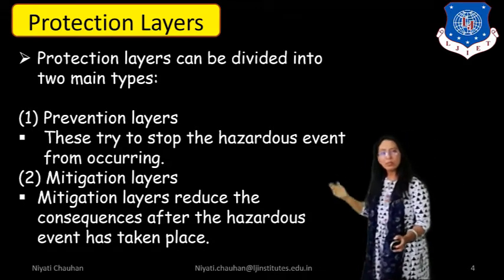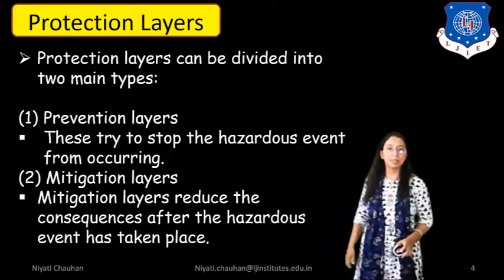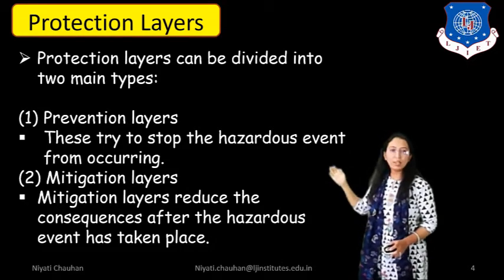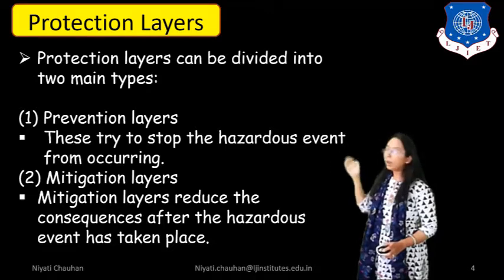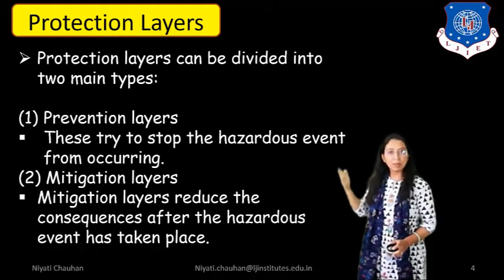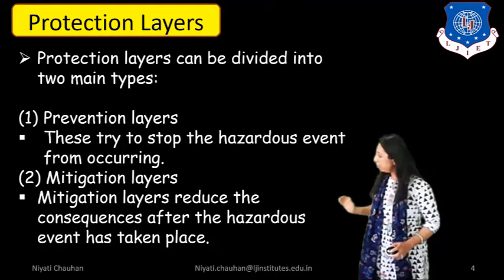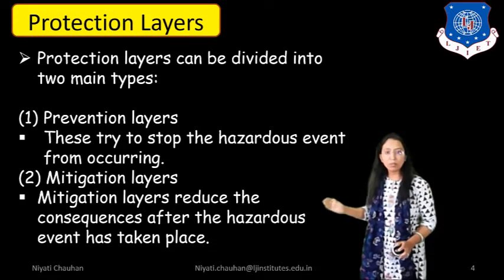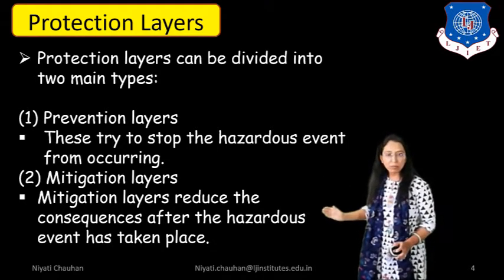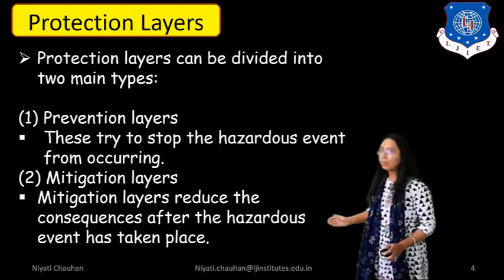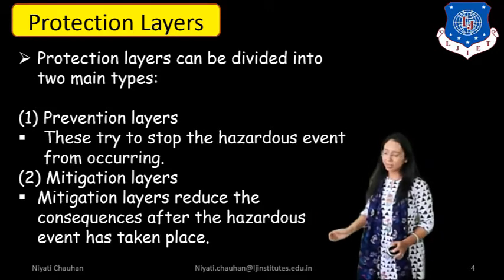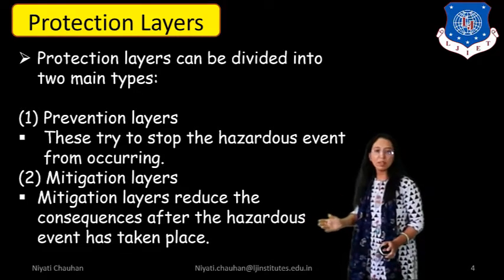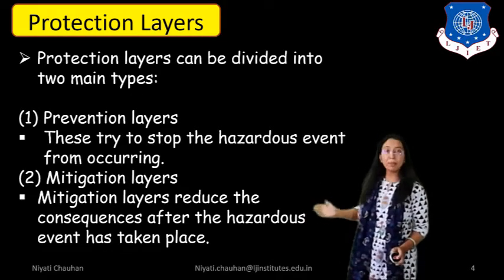So in the prevention layer we can stop the hazard from starting, and the mitigation layer reduces the consequence after the hazard event has taken place. So the mitigation layer reduces risk after the hazard takes place.